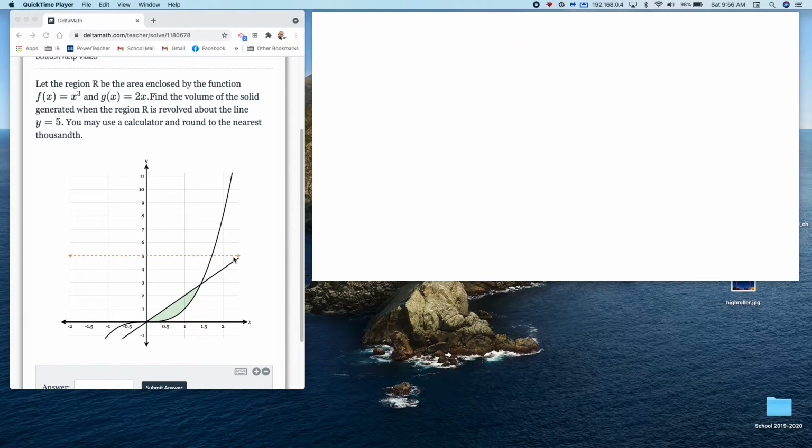When you think about what that looks like when you actually revolve it, it would take on some kind of a shape. It would kind of look like this. There'd be a hole down here. Do my best to draw this. And then the inside of it goes like this.